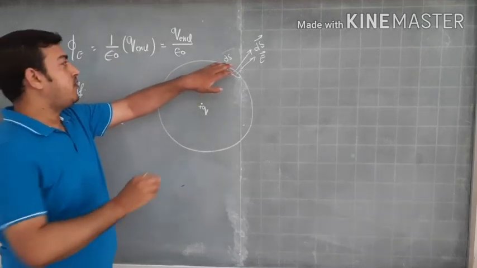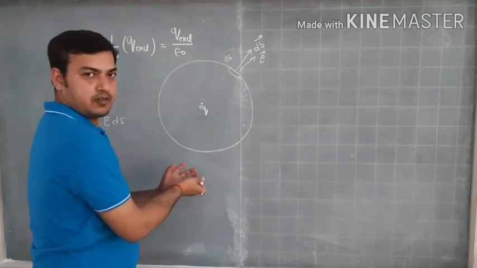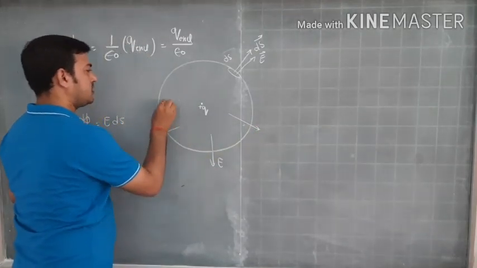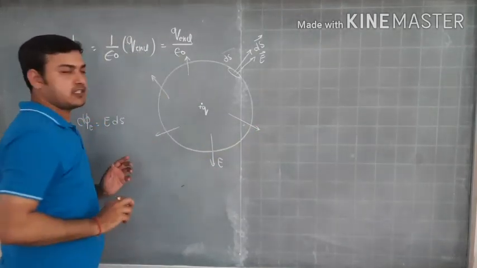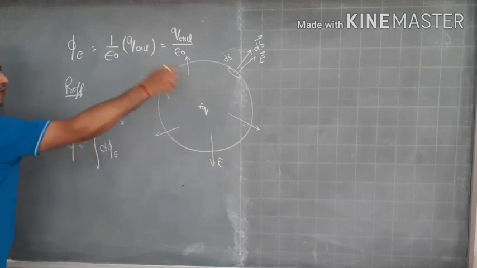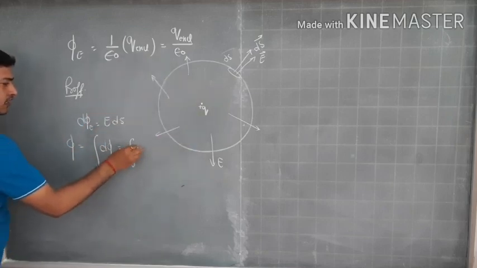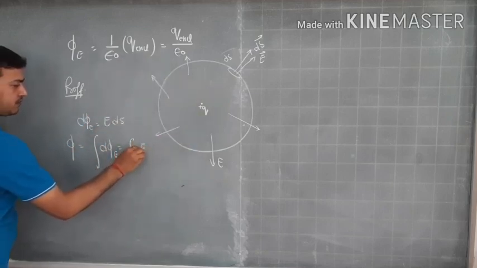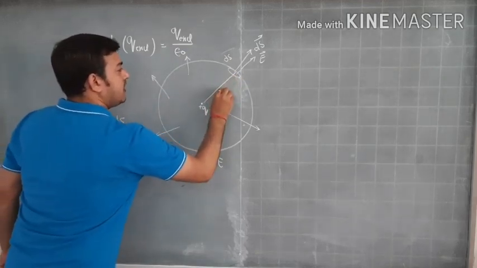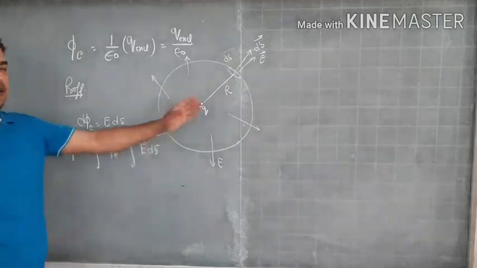Now, if I need to find out the flux through this total surface, because the field lines will come out from this surface from all the directions, the net flux will be the integration of this small flux over this spherical surface, and this is going to be E ds. Let me choose the radius of this spherical shell as r.